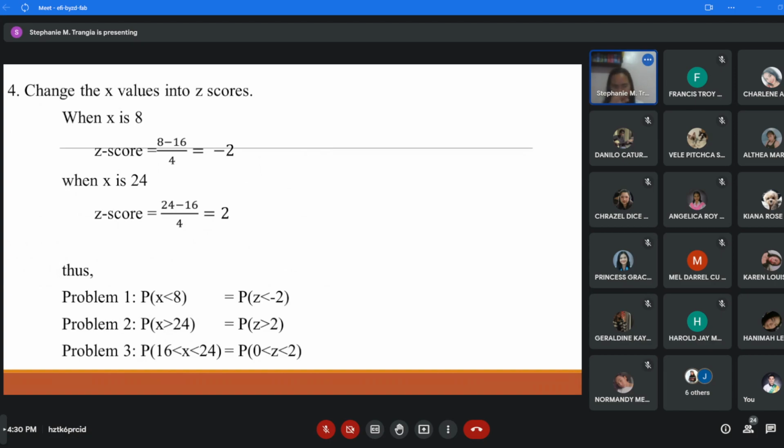From probability of x greater than 24, it becomes probability of z greater than 2. Number 3, from probability of x between 16 to 24, it becomes probability of z between 0 to 2. Now, let's answer the first problem, probability of z lesser than negative 2.